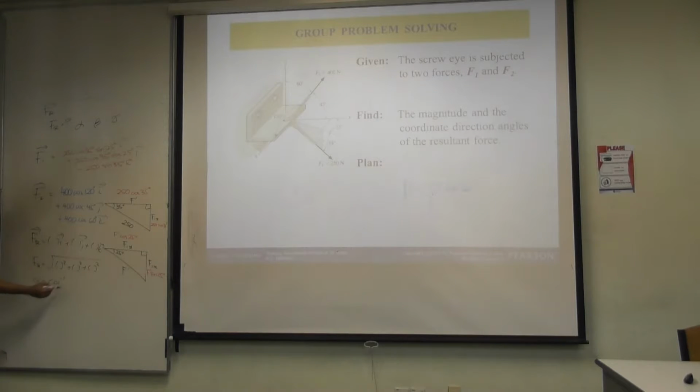Cos inverse of the x component over FR, right? Basically, this is FR x over FR. Theta is cos inverse of FR y over FR, etc. So once you get this one, you just plug in. Fx and FR plug in here, Fy and FR plug in there, Fz and FR plug in there.